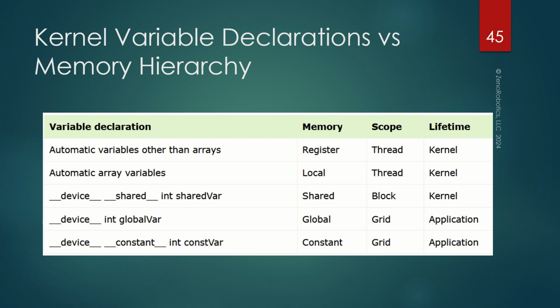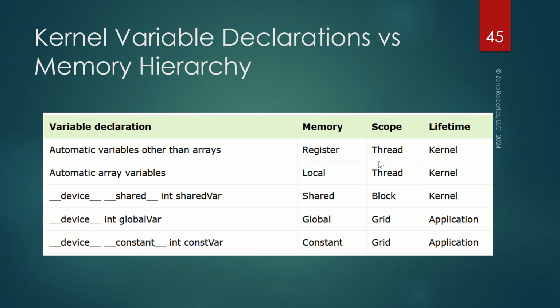But yeah, like I showed before, each thread has its own dedicated register or set of registers. And array variables, if you don't declare them as anything else, default to local memory.